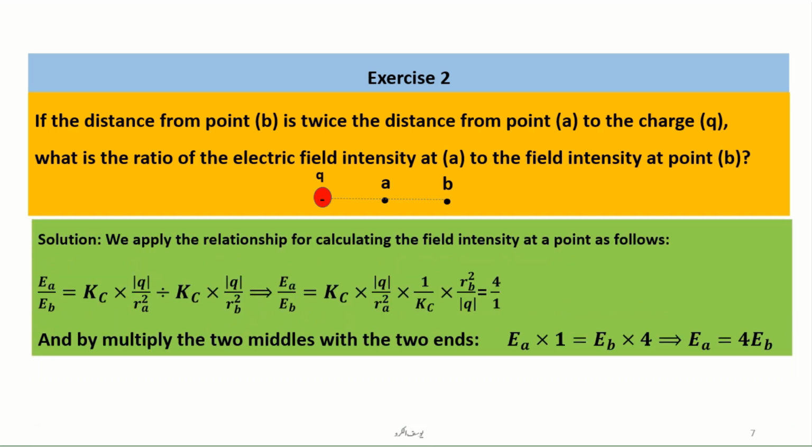This is the law: EA upon EB. We apply the relationship for calculating the field intensity at the point as follows. That means we divide EA upon EB like this.